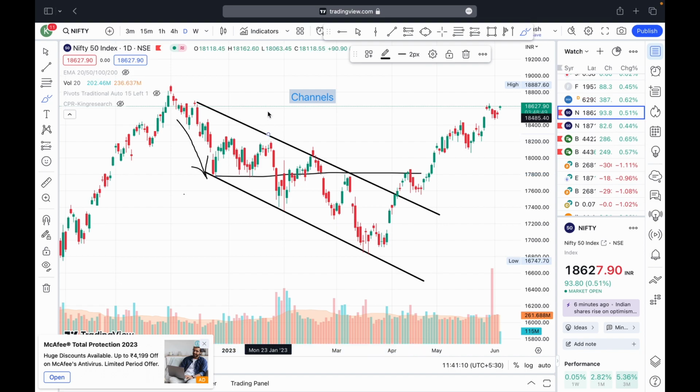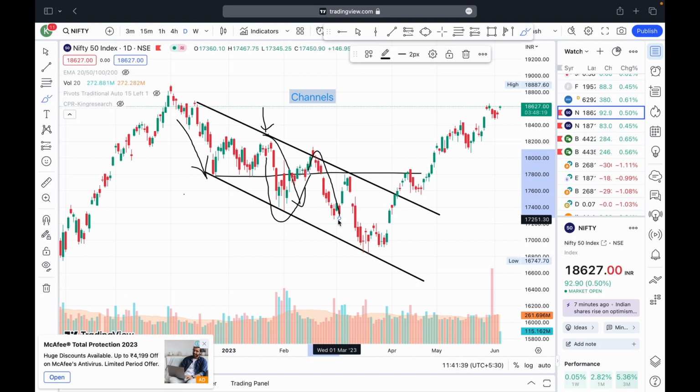After that, the sellers push the market downside, able to make a new lower low. But they do not respect its support. They come very deep, then again go down and almost make a new lower low. See, this is this level and this is this level.